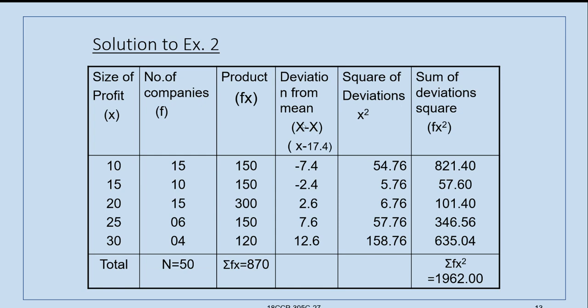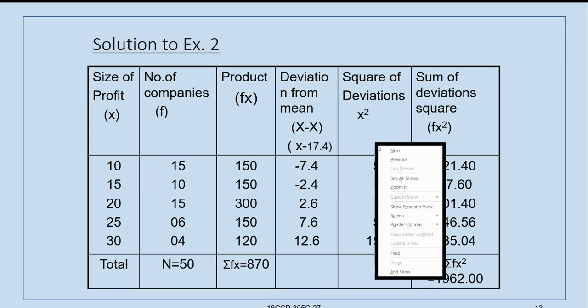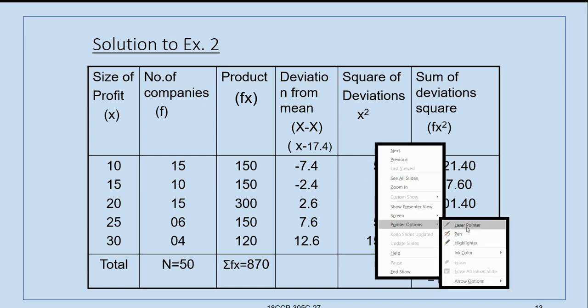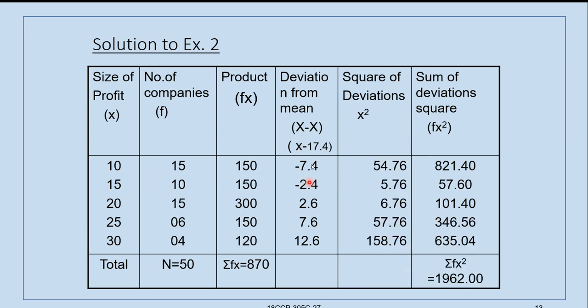And here small x, that is deviations. Deviation square is the fourth column into fourth column. This is second column into fifth column. Frequency into this one will give you this.